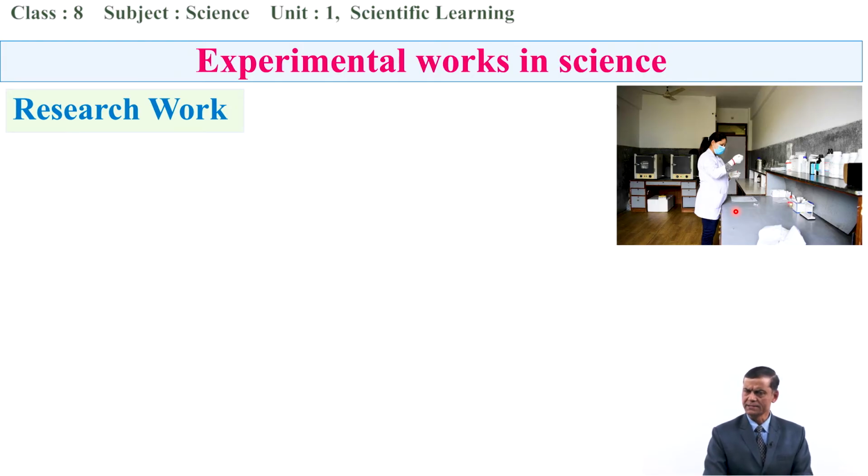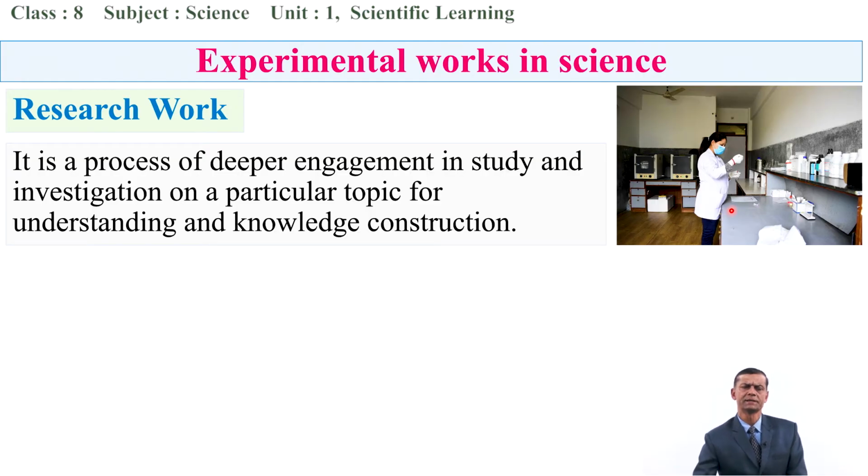Then what is research work? Let's discuss. It is a process of deeper engagement in study and investigation on a particular topic for understanding and knowledge construction. Research work is deeper engagement, deeper study, so that we can understand the particular topic deeply and we can construct new knowledge from that.